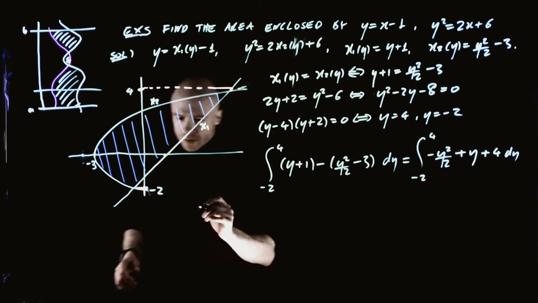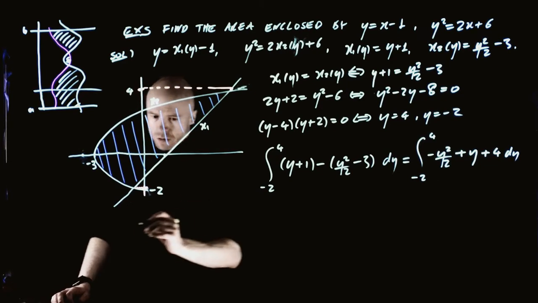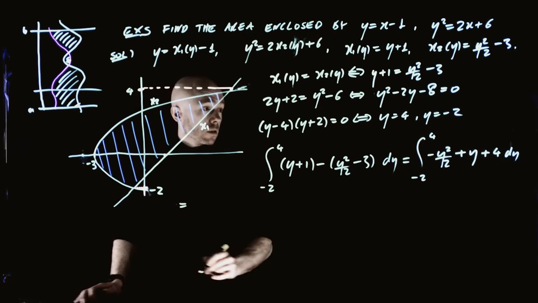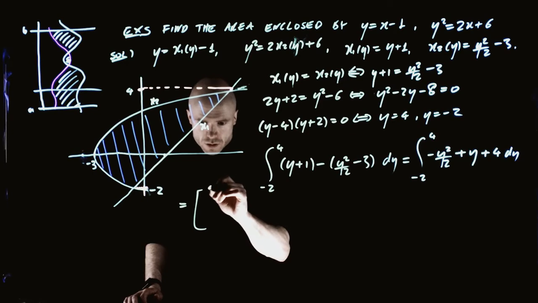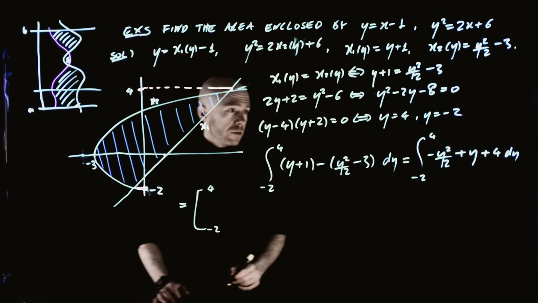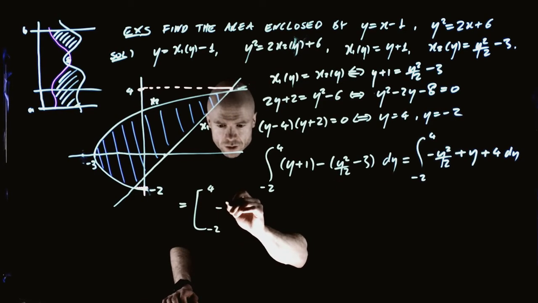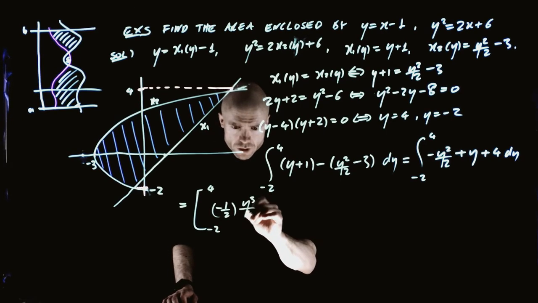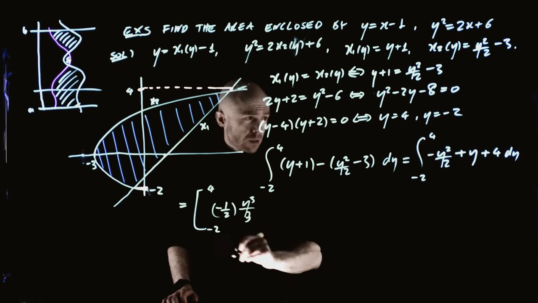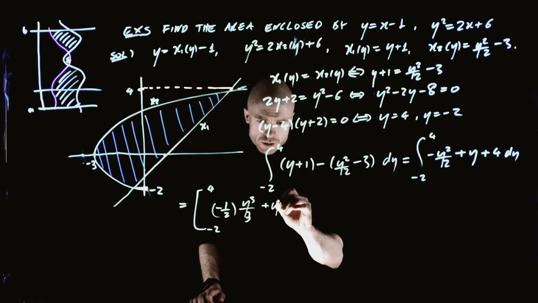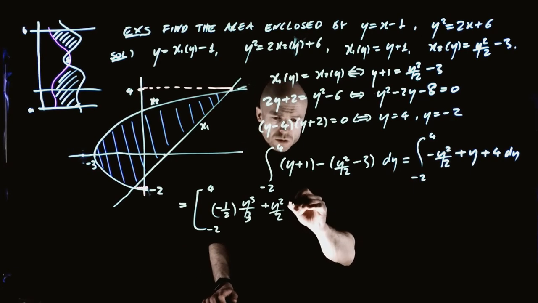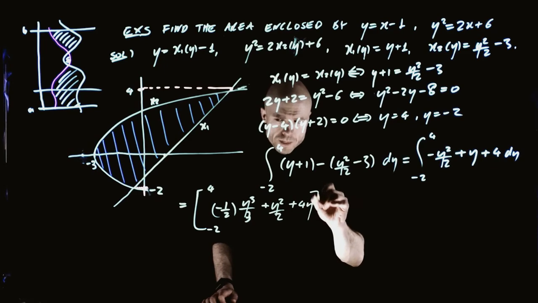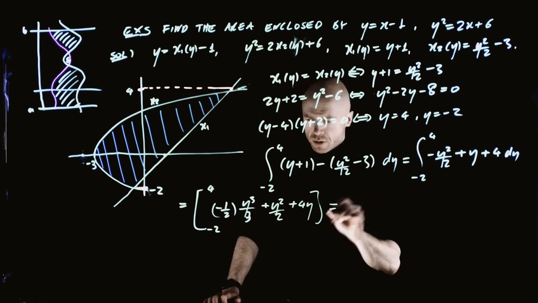Then we just do the calculation. So from minus 2 to 4, let's find the antiderivative. Let's pull out this minus a half. And then we're going to have y to the 3 over 3, like this, plus y squared over 2, plus 4y.